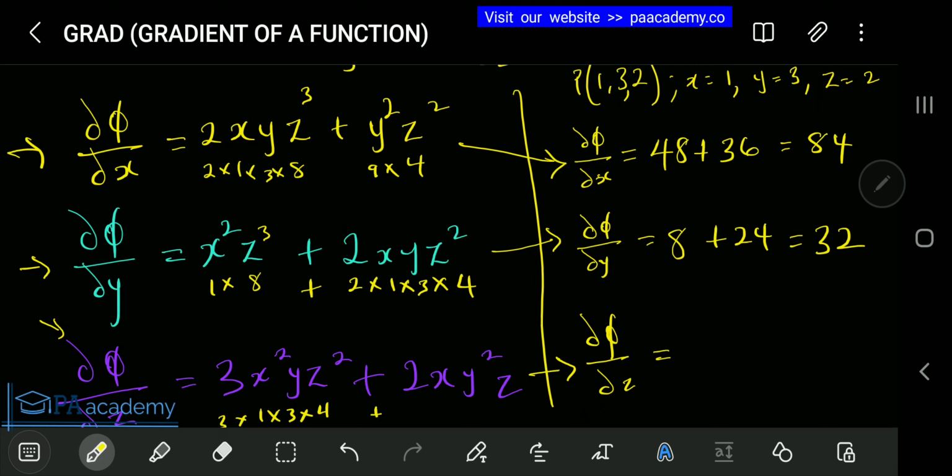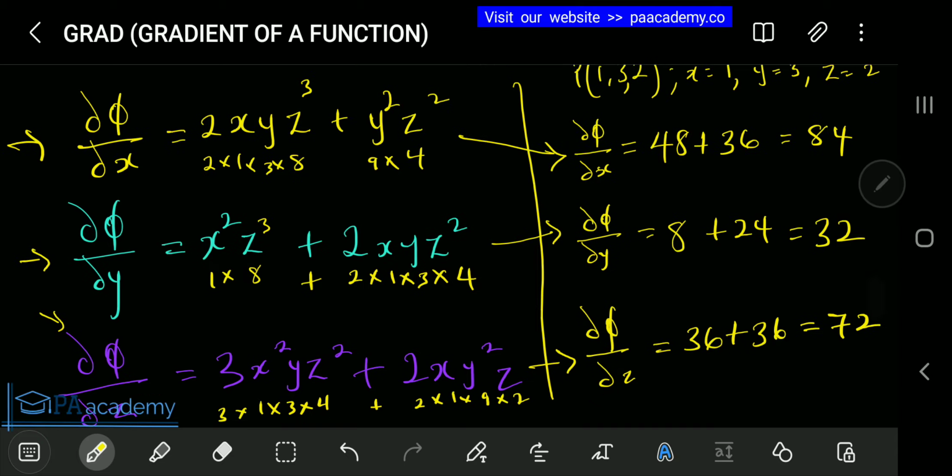So plus 2 times our x, which is 1, times our y squared, which will be 9, times our z, which is 2. So let's put this together. We'll be having 3 times 1 times 3 times 4, and that should give us 36 plus 2 times 1 times 9 times 2, which is 36, and that will give us 72.